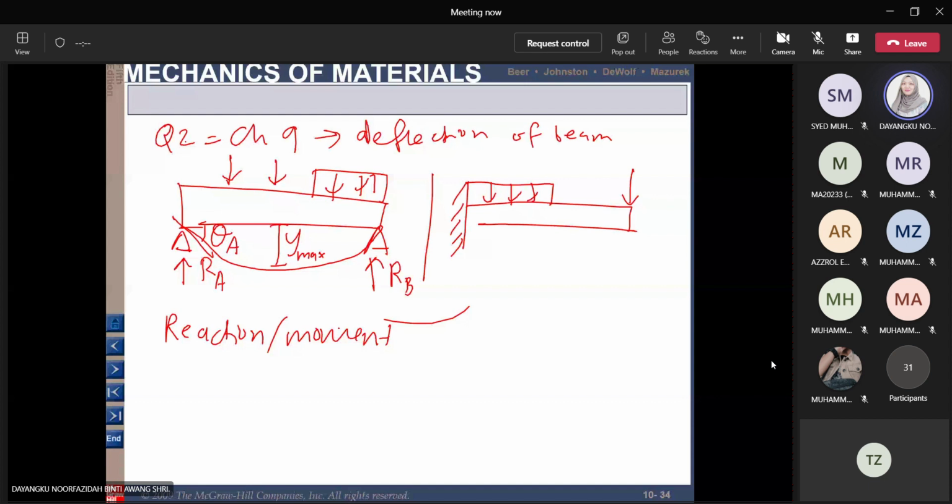If you want to master it, try to do a few questions with multiple loading using these two methods. I don't advise using the double integration unless you are very fluent, especially in calculating the moment for multiple loading.